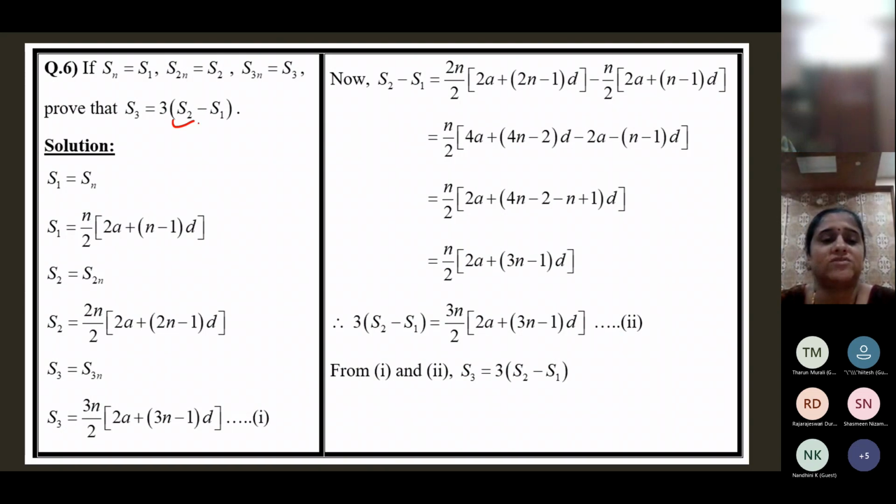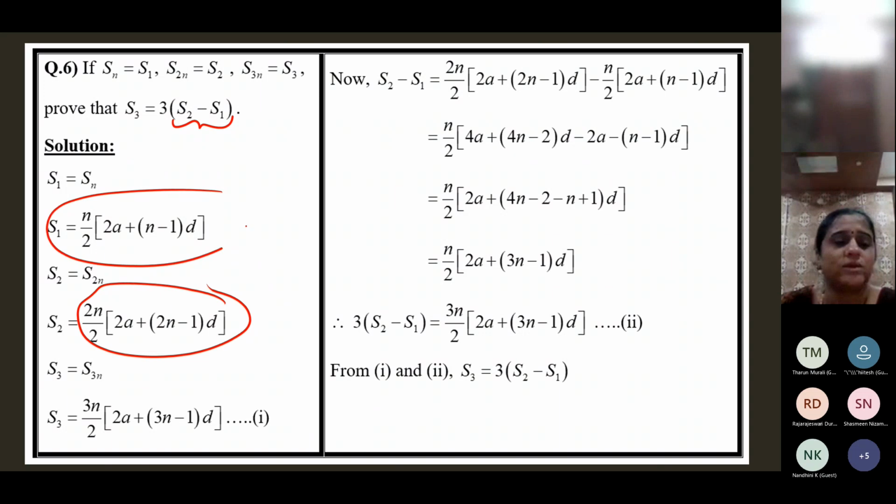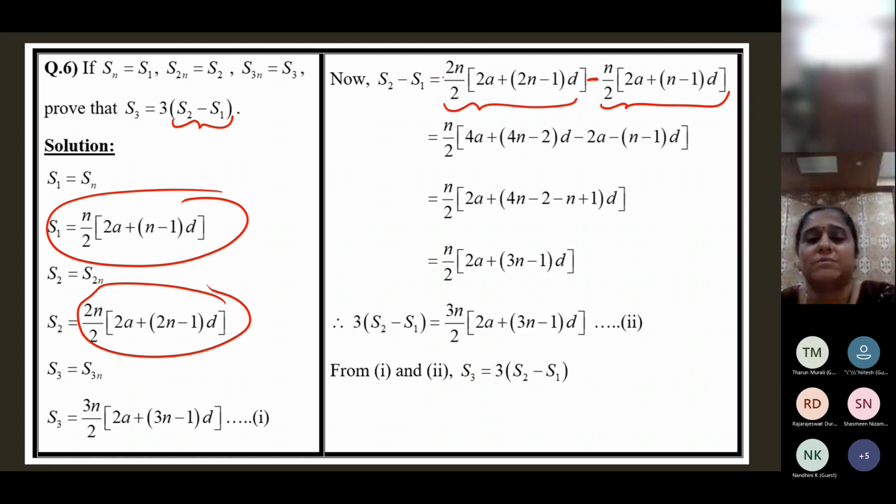I repeat, so S2 minus S1, this is S2, minus this is S1. N by 2 is common. Bring it out. Now in the bracket, you should write 2 into 2a, 4a, 2 into 2n, 4n, 2 into minus 1, minus 2, because you're multiplying 2 here, right?